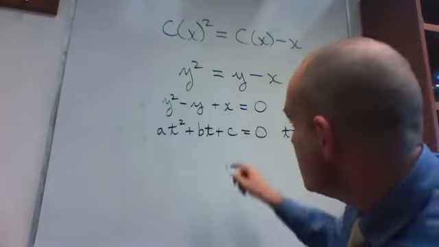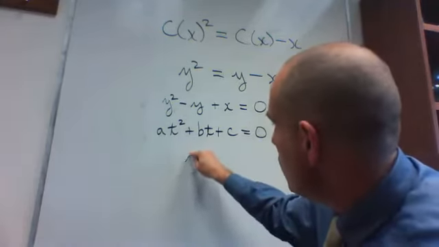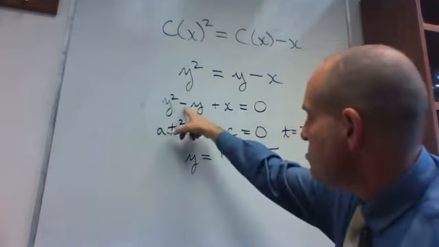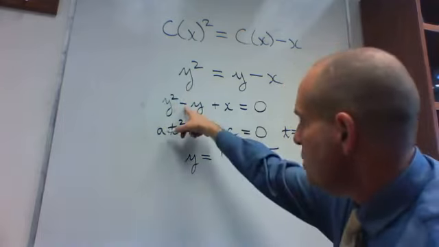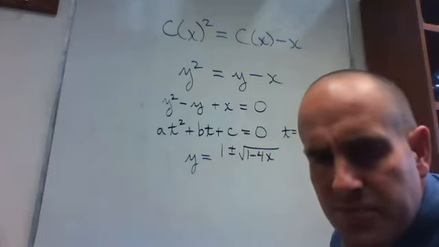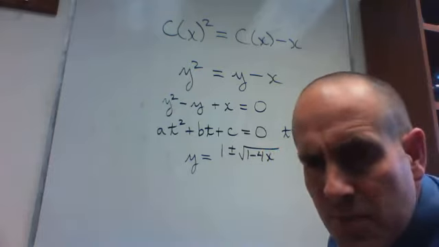Okay, so what is y? Well, y is going to be equal to negative b, so 1, plus or minus the square root of b squared, which is 1, minus 4 times 1 times x. So it's going to be 1 minus 4x, yes? All over 2 times 1.